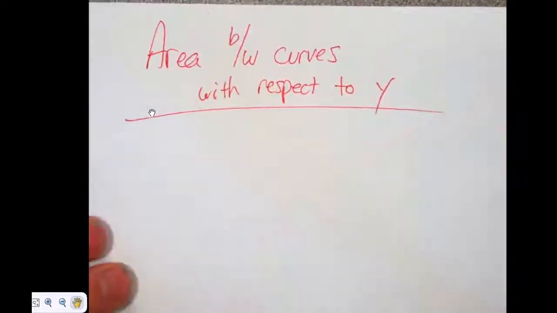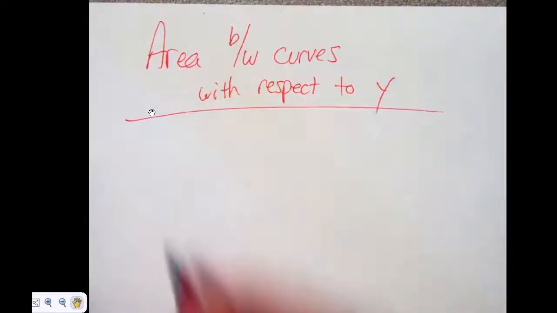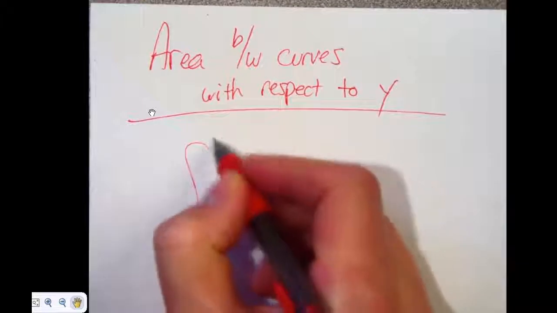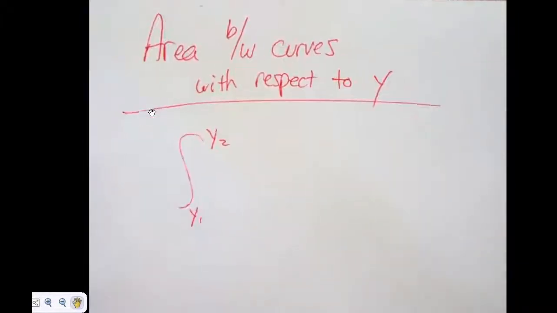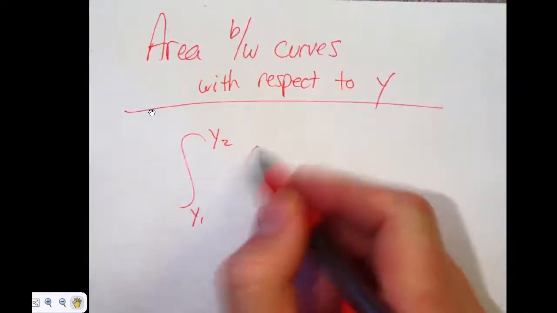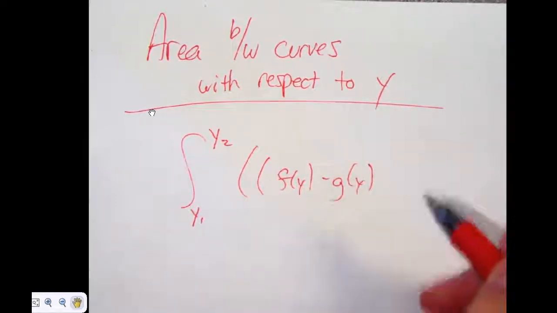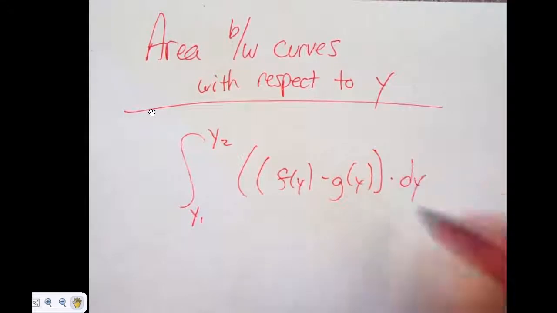So we're doing the same thing. We're still going to find the area between two curves, but we're going to go sideways. So we're going to have a y1 and a y2, an f of y and a g of y times dy.